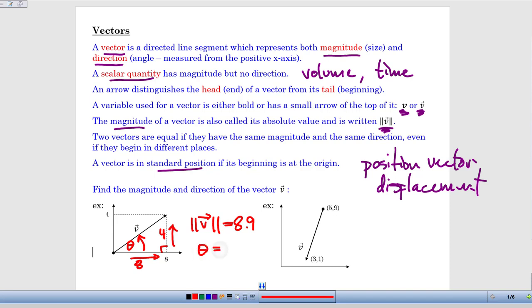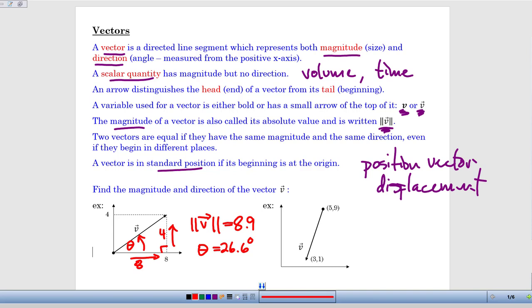And so if we do that on our calculator, we'll see that we get 26.6 degrees. Sorry about that. Fix that there. So it's pretty easy for us to find those values, the magnitude and the direction, for a vector that is in standard position.